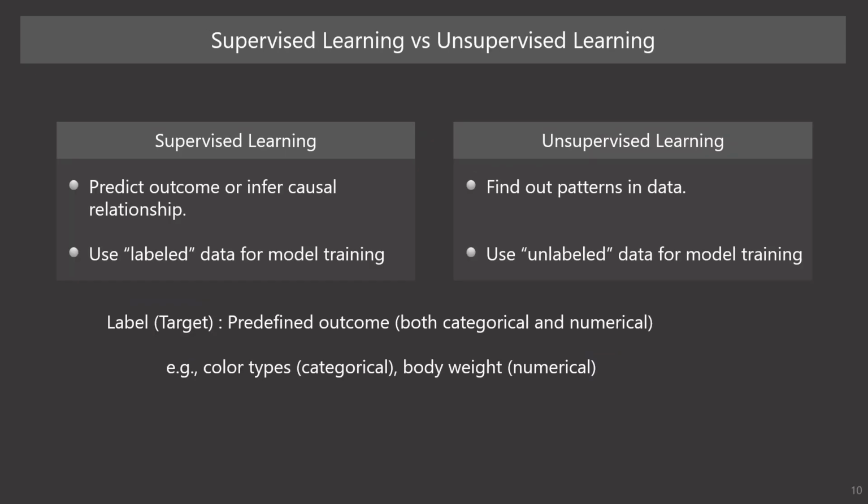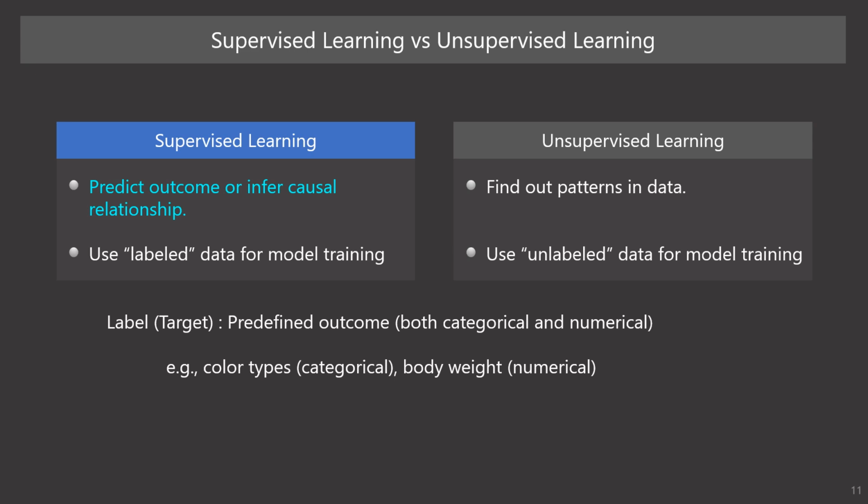Now, let's recap the difference between supervised learning and unsupervised learning. The first difference lies in their purposes. The purpose of supervised learning is to develop a model that predicts the outcome, or the model should make inference of a causal relationship.